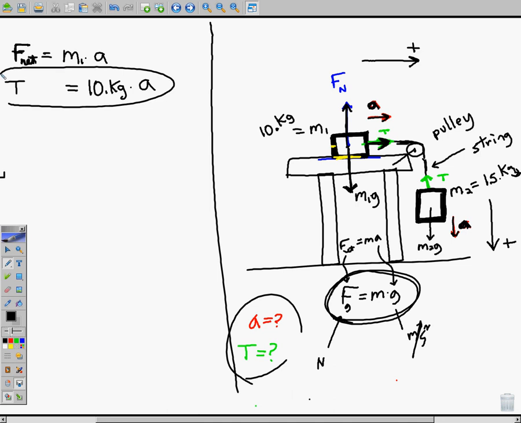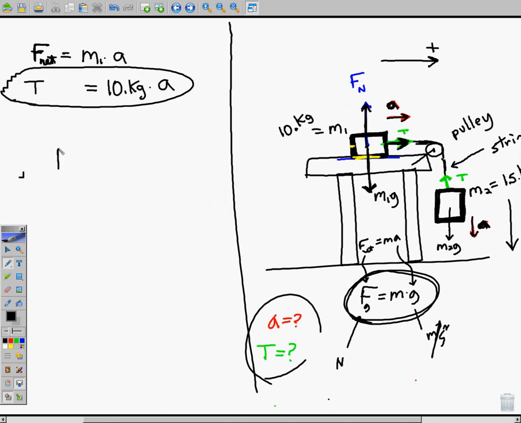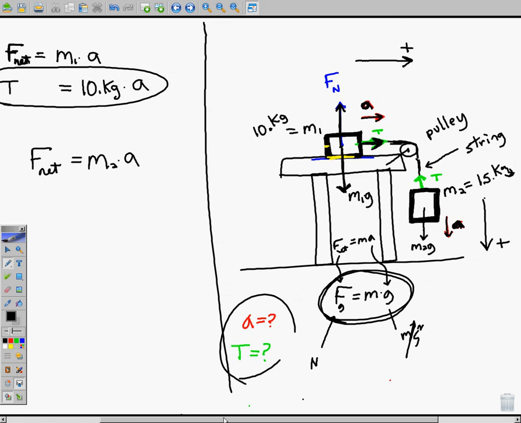So now F net equals m2 times a. But now remember, we established that down is positive.